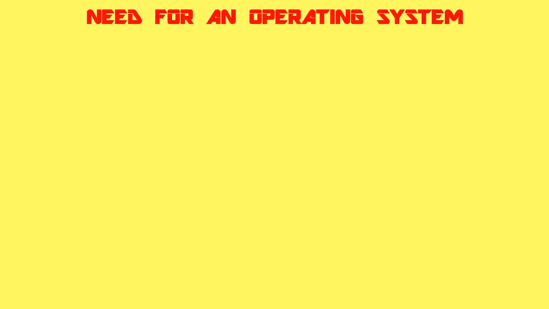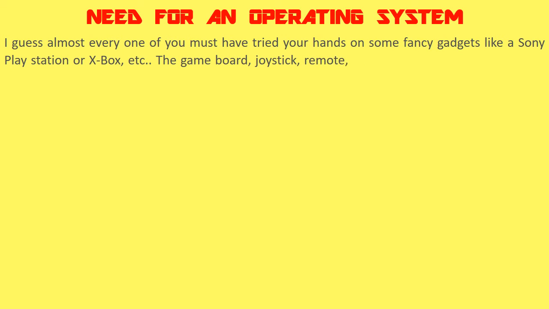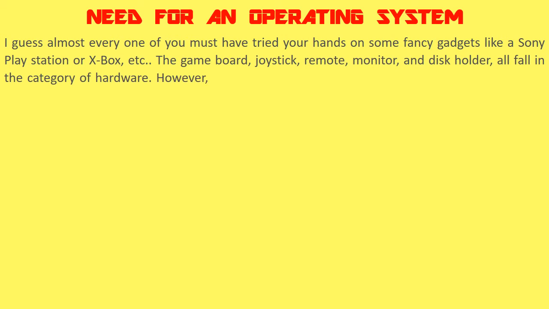Need for an operating system. I guess almost every one of you must have tried your hands on some fancy gadgets like Sony PlayStation or Xbox, etc. The game board, joystick, remote, monitor, and disc holders all fall in the category of hardware.